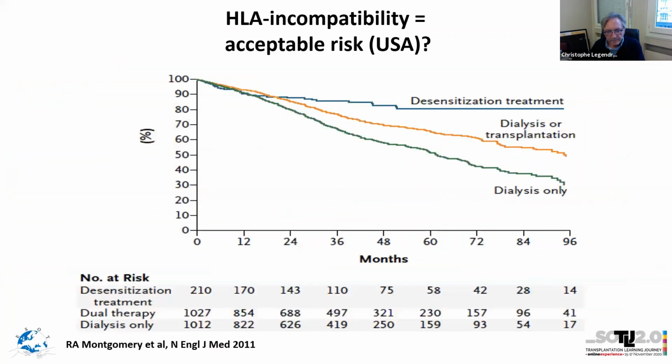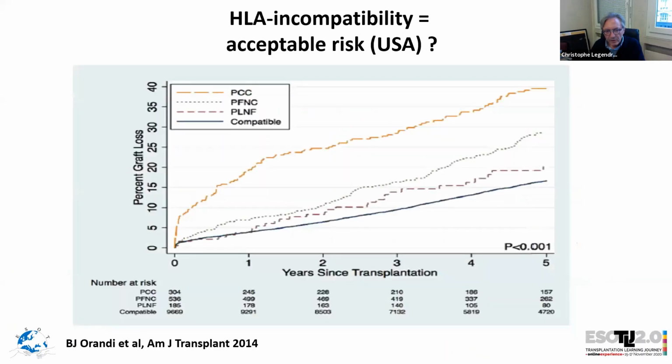Next one. What are the results of desensitization? In the United States, it's better to be desensitized than to stay on dialysis or wait for transplantation under the current rules, so it's a better result as long as you can transplant the patient. The next one shows that the results get worse as you go from DSA alone to a positive flow cross-match.